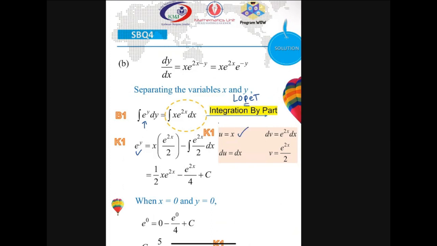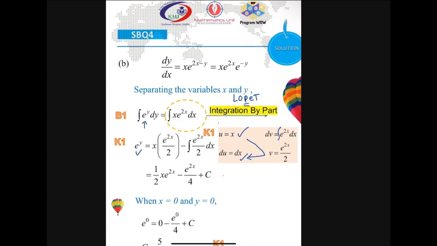That's why our u will be x. Differentiate this one, you get du as dx. And then integrate exponent to the power of 2x, we get exponent to the power of 2x over 2, and directly substitute this into the formula. That's how we get half x exponent to the power of 2x minus exponent to the power of 2x over 4 plus c.